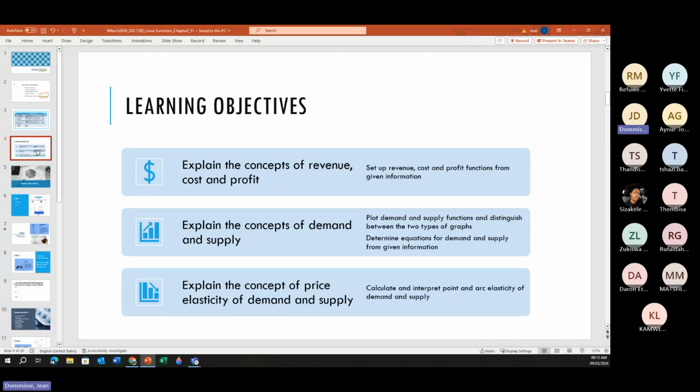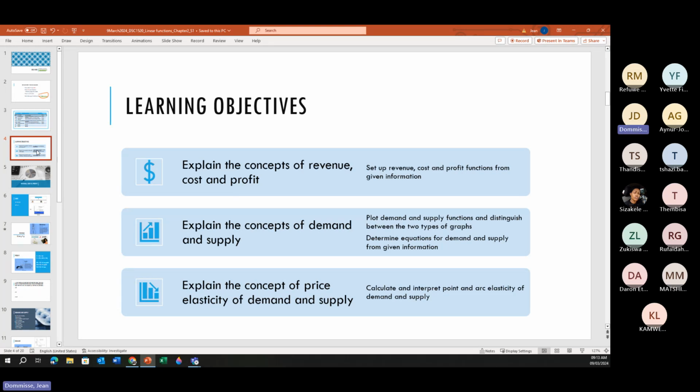Okay, so let's look at chapter 2. What we need to get out of chapter 2 is, by the end of the session, you need to know what the concepts of revenue, cost, and profit are. Again, you are writing a multiple choice exam.